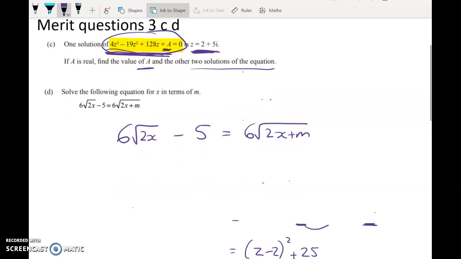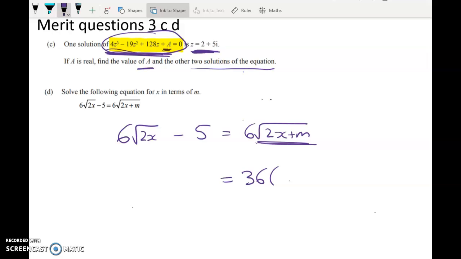The best thing to do here is just to get on with it and square both sides. Squaring both sides of the equation is really easy on this side. 6 squared is going to give me 36, and then this bit here will give me 2x plus m. Over here, we'll just write that out to start with, like this.